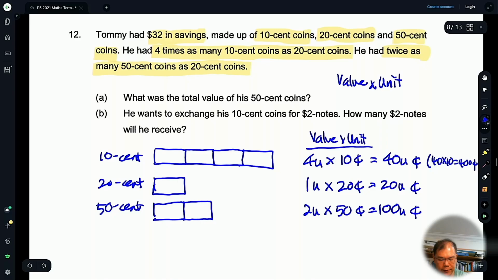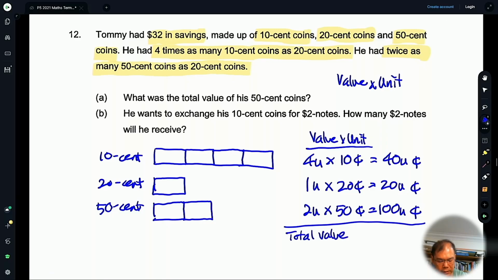Okay, what would be the total value of all these coins in terms of unit cents? Okay, so 40 plus 20 plus 100 will be a total of 160 unit cents. Now 160 unit cents is equal to the amount of money, which is $32.